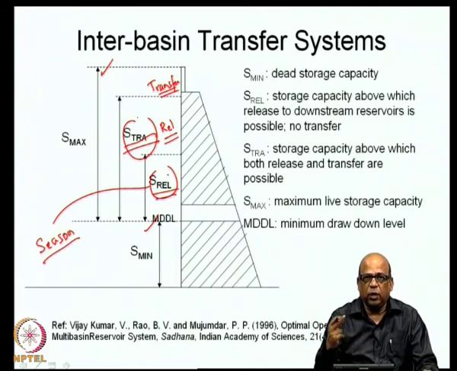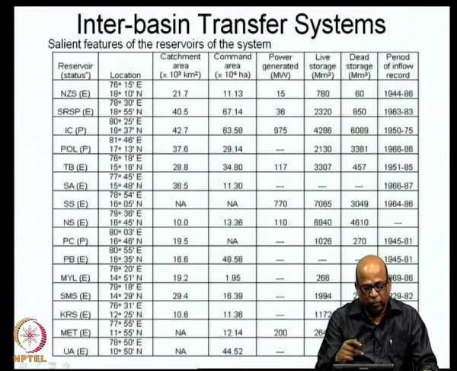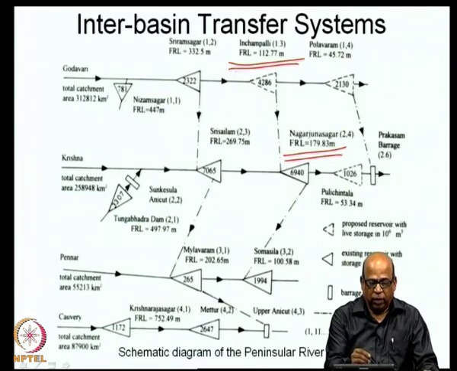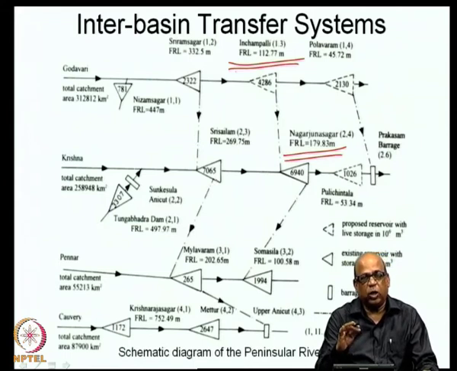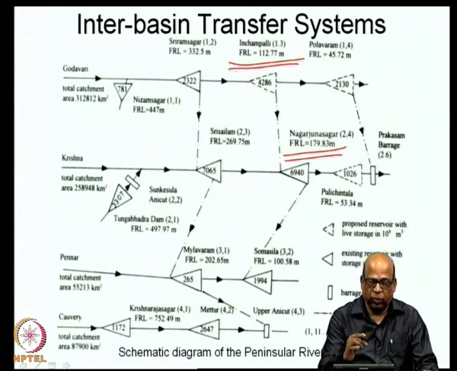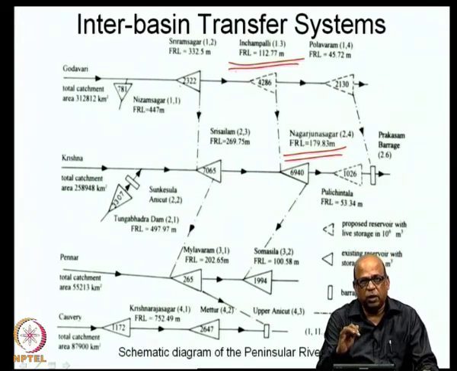So, like this you can keep running the simulation model several times, but obviously because the system is large and you will have SREL, STRA at each of these, and because you are talking about monsoon period and non-monsoon period, at each of them you have to deal with 4 variables, SREL1, SREL2 for monsoon and non-monsoon, STRA1, STRA2 for monsoon and non-monsoon at each of these reservoirs.